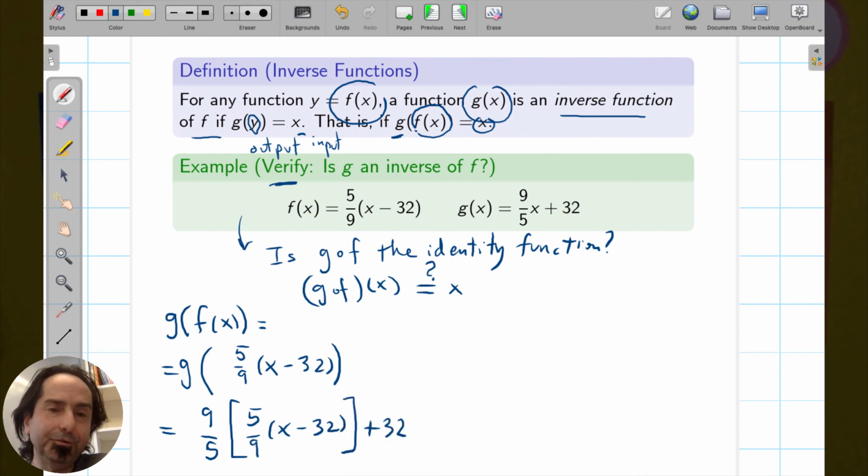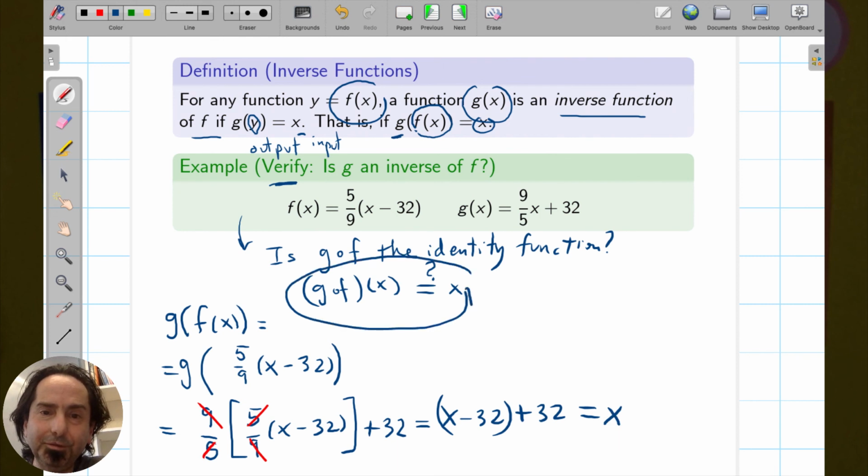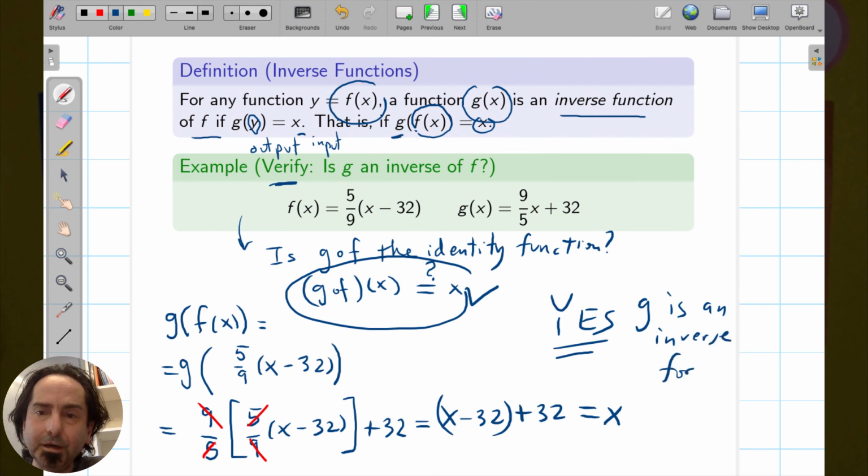That's the formula for g, and you can see that there's going to be some cancellation. The 5's cancel, the 9's cancel, and we're left with x minus 32 plus 32, and that sure enough equals x. So this is satisfied, and yes, g is an inverse for f.